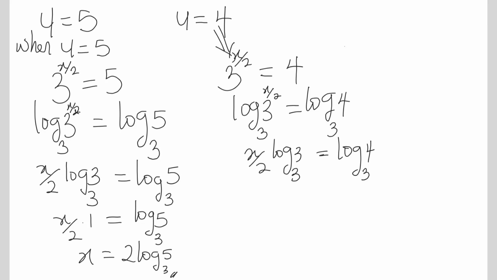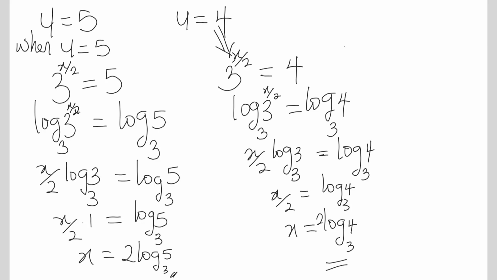We've been able to establish that. So we have x over 2 equal to log 4 base 3. Of course, we multiply through by 2, so x equal to 2 log 4 base 3. So we've gotten the two values of x. One of them is 2 log 5 base 3 and the second one is 2 log 4 base 3.